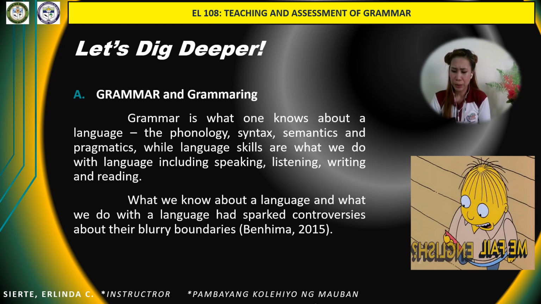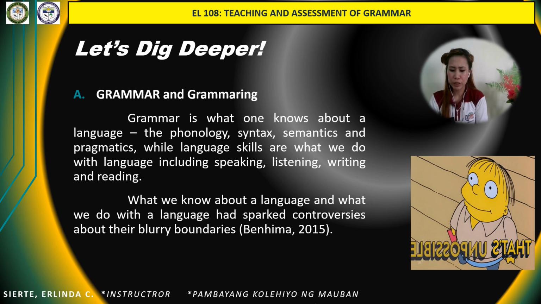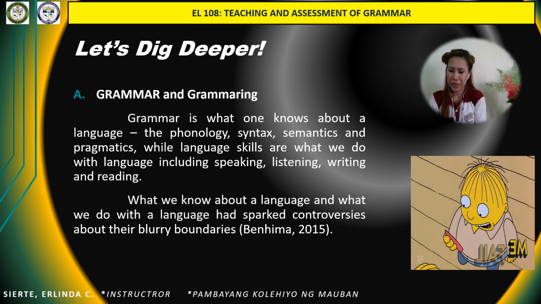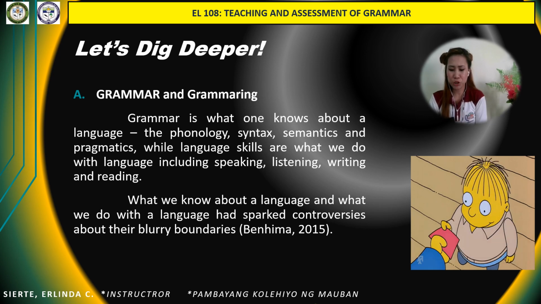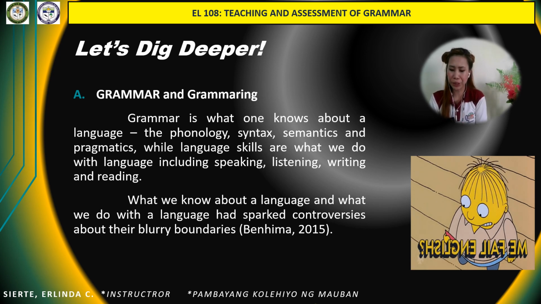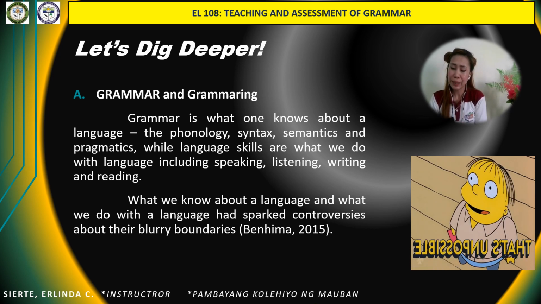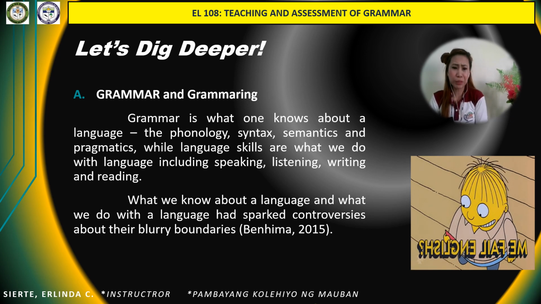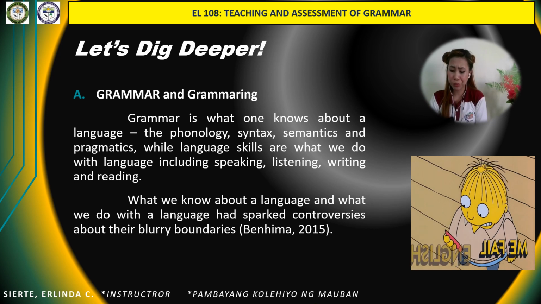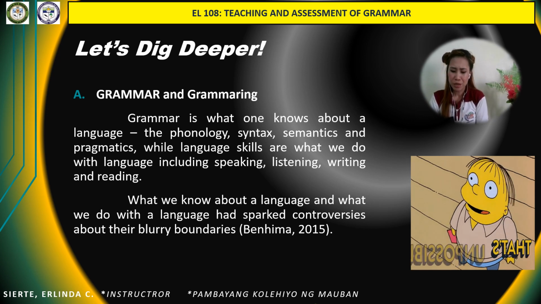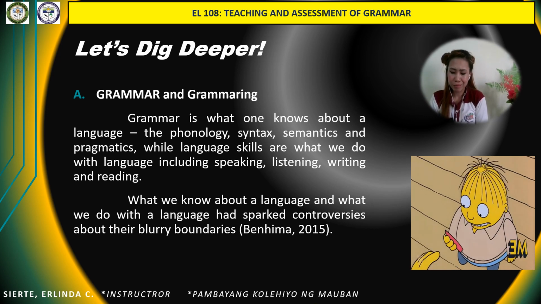These controversies resulted in the development of different models that accounted for grammar differently. Grammar was then considered a method of teaching and learning a language in what we called the grammar translation approach, which viewed grammar as the core of the language. However, the notion of grammar has changed with a shift from philology to linguistics.